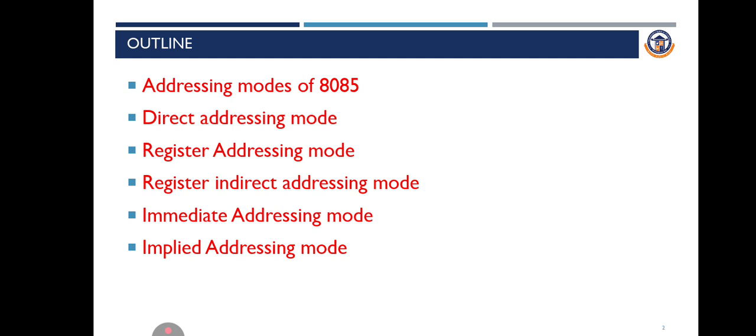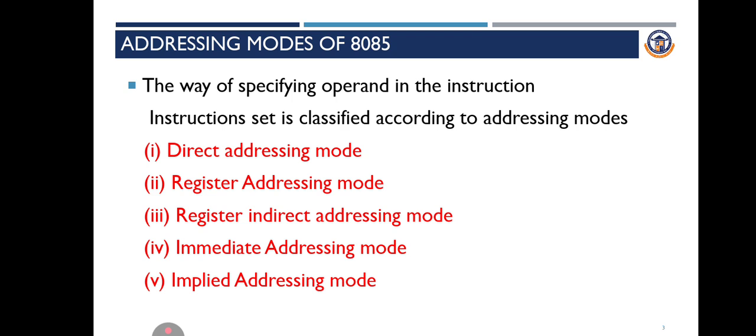Before going to the addressing modes, we should know what an addressing mode is. Addressing mode in a microprocessor defines the way in which the operand data is specified for an instruction. It determines how the data is accessed from the memory or register and how it is operated upon.